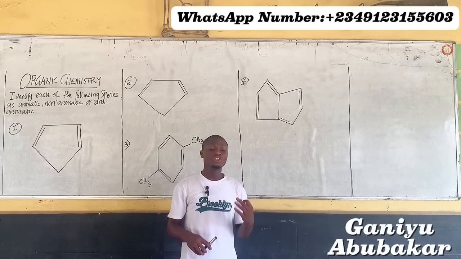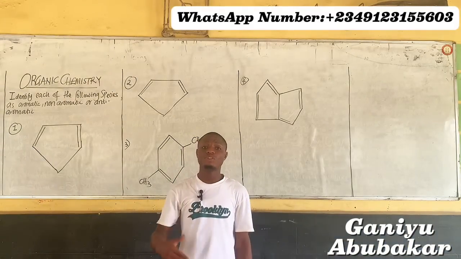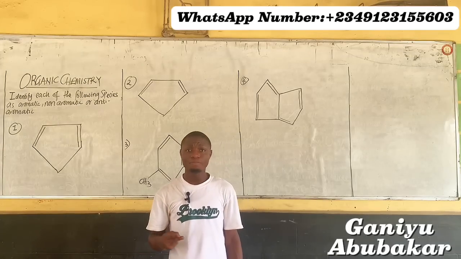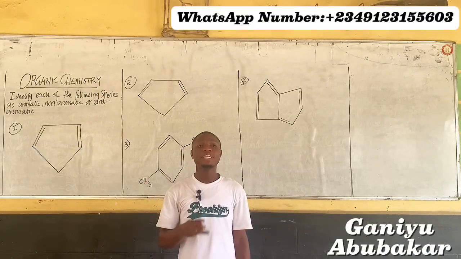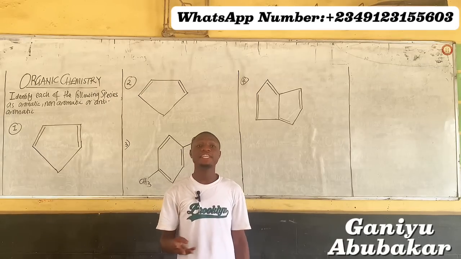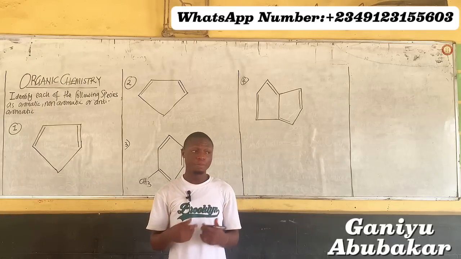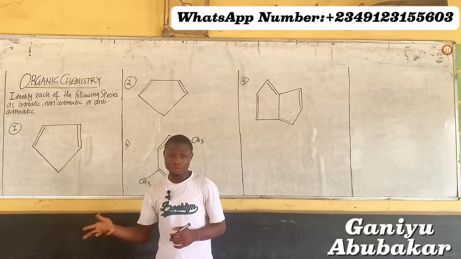The conditions for an aromatic compound are: number one, it must be cyclic. Number two, all carbon atoms must be conjugated. Number three, it must contain 4n plus 2 pi electrons, and finally it must be flat, or planar.